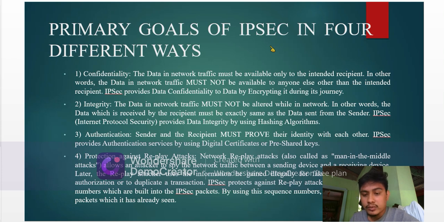IPsec protects against replay attack by using sequence numbers which are built into IPsec's packets. By using this sequence number, IPsec can identify a packet which it has already seen.